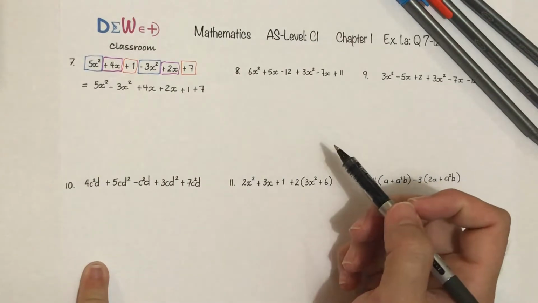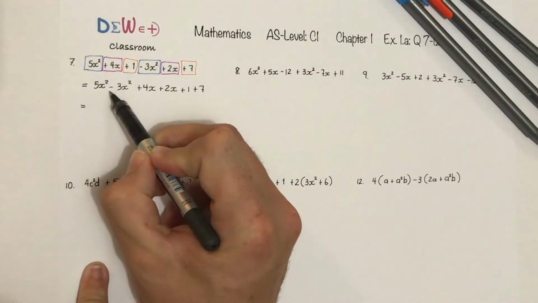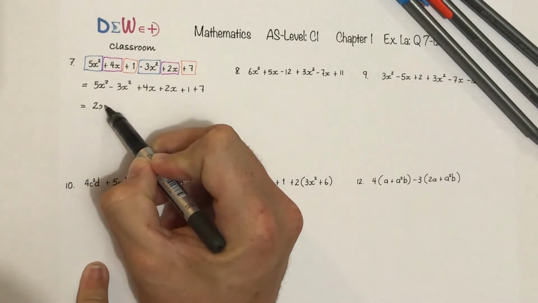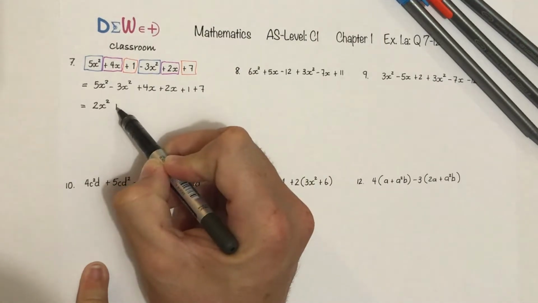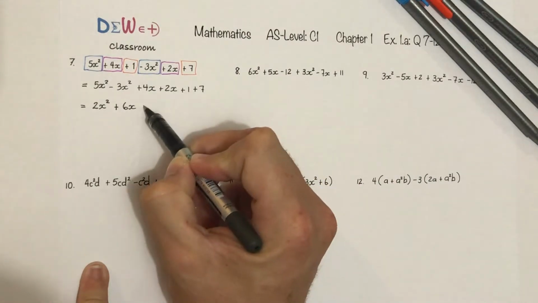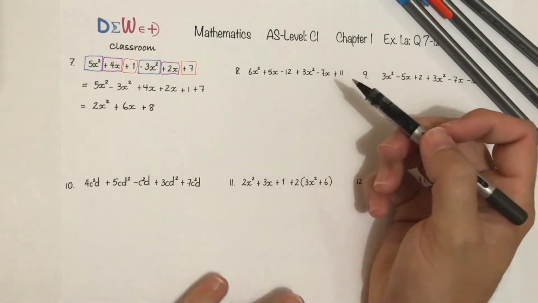Now it's simply a question of adding and subtracting. So it becomes 5x squared minus 3x squared will give you 2x squared, plus 4x plus 2x will be plus 6x, plus 1 plus 7 is plus 8. And that is question number 7.